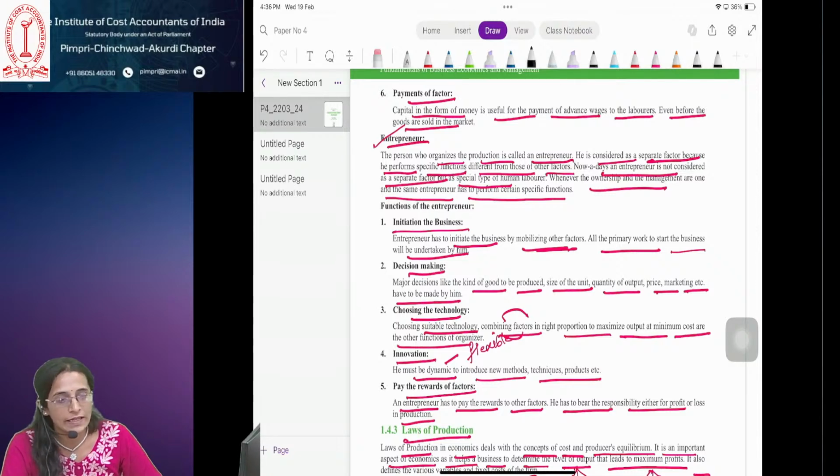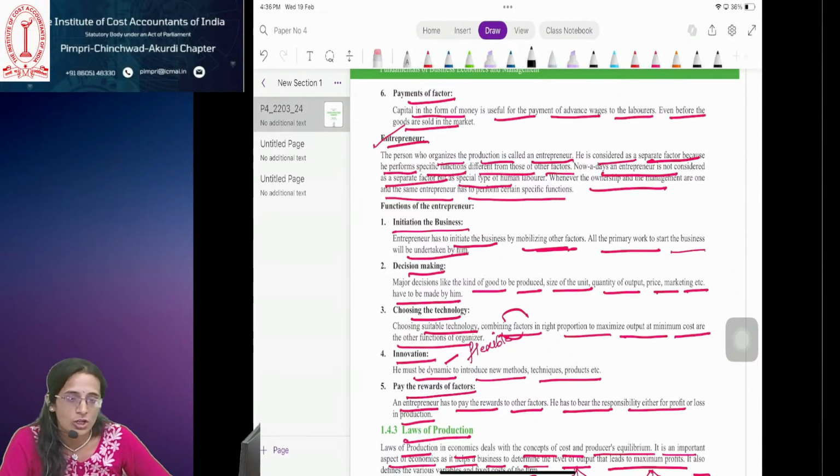So all the decisions, like what will be the quantity of goods produced, what will be the price of that good, what type of technology will I be using, how much labor will I be using, how much machinery will I be using, right? So everything, the decision relating to the business, will be taken by the entrepreneur. Major decisions like the kind of goods to be produced, size of the unit, quantity of output, price, marketing have to be made by him.